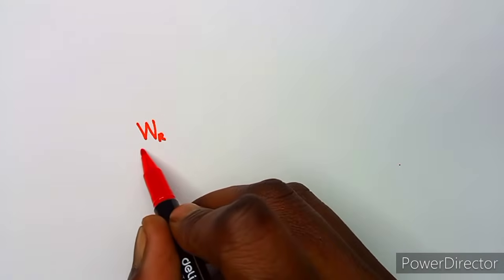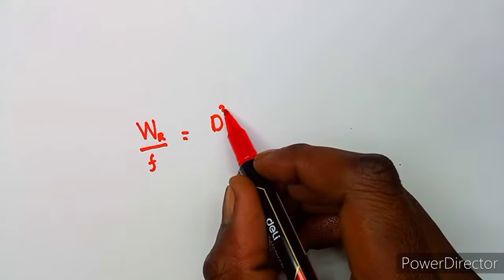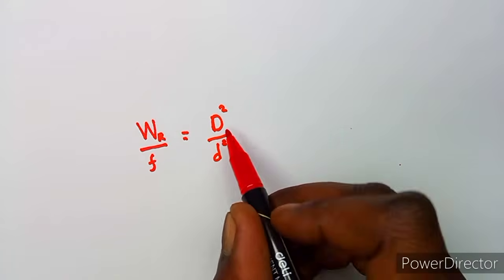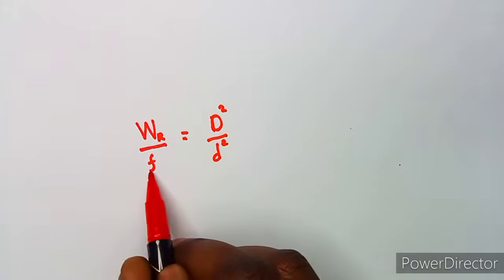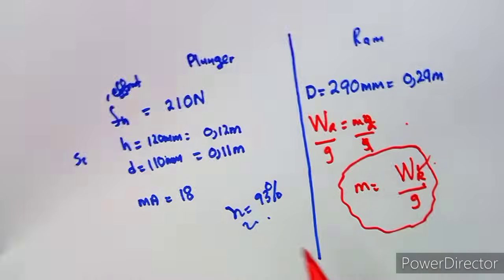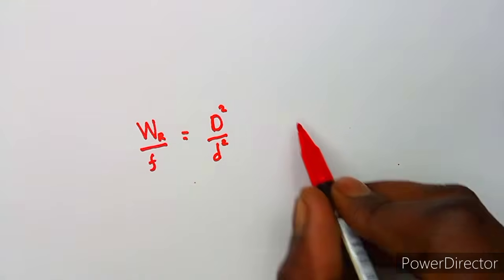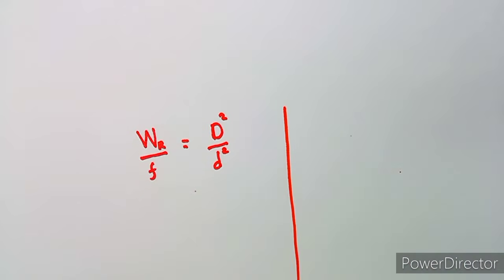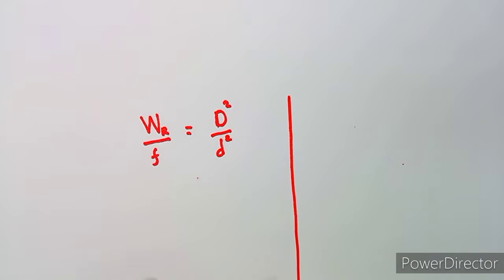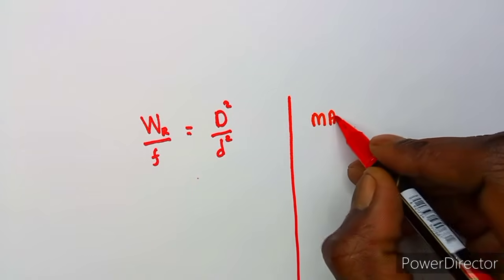The force on the ram over the force on the plunger is equal to the ratio of the corresponding diameters, the ram over the plunger. Also, we have a formula which connects the mechanical advantage. I'm going to write these two formulas. Like I said, this is one of the most important questions, and you must know these two formulas. The mechanical advantage is given by this formula.